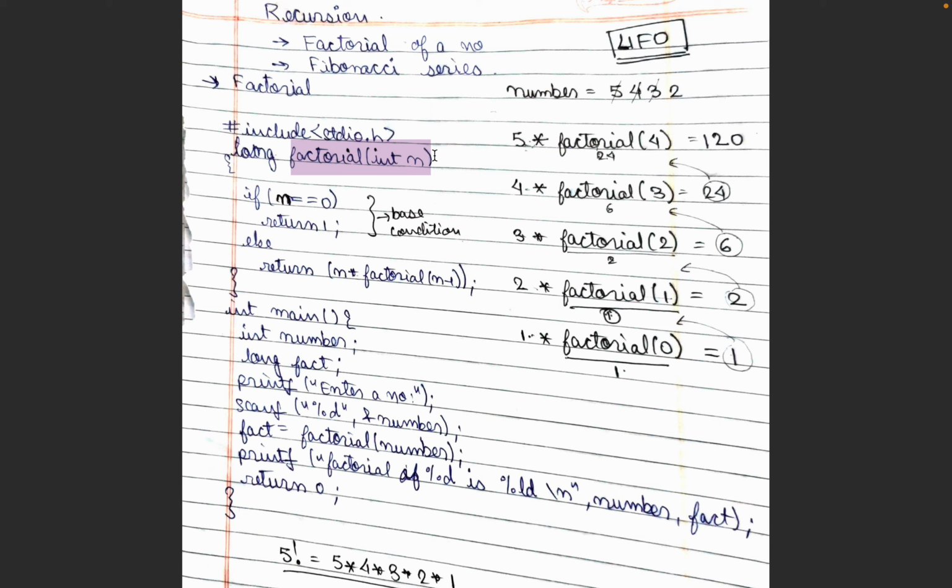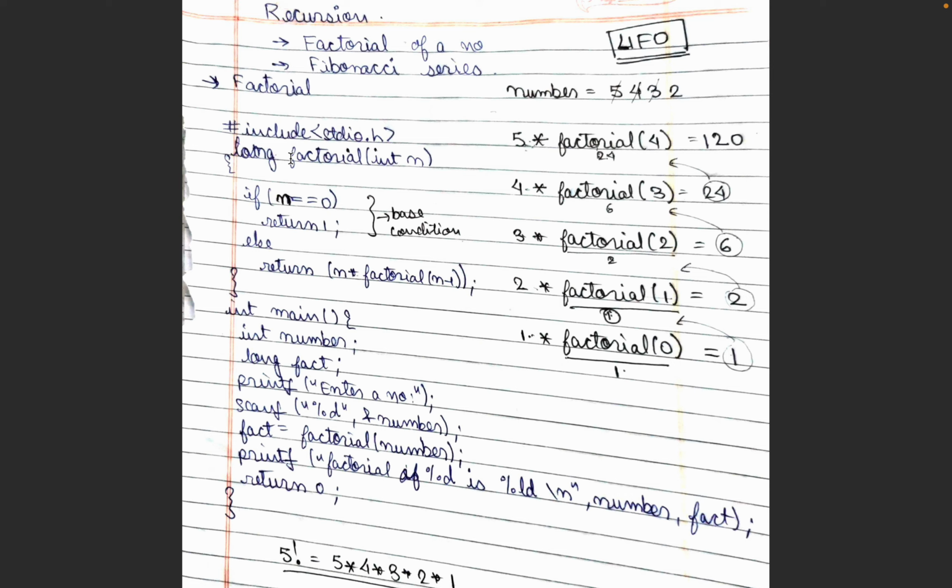Now keep in mind that from this step on, just keep track of what I'm saying. This is very important, just listen carefully. Now we are going with the value 0, so it is going to hit the base condition.